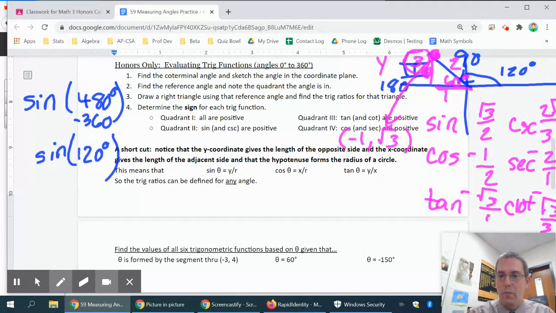So I could have basically used my negative 1 to know the numerator for my cosine and my root 3 to know my numerator for my tangent. So that hopefully will help you to see some ways you can use this information to help you get some of these things correct.